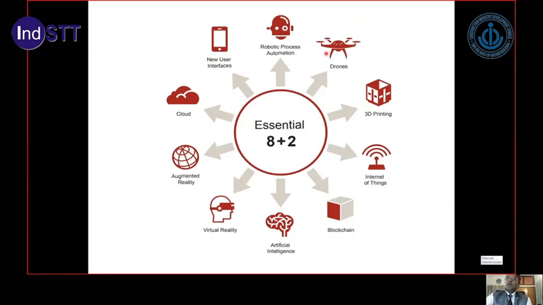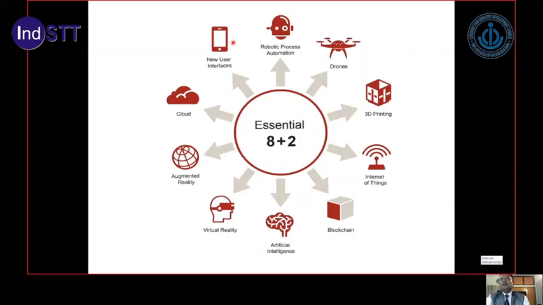So you can see drone on the top here, that you are collecting the data from the drone, and this data you are using maybe for 3D printing, or integrating with the Internet of Things, or maybe the blockchain analysis, or maybe artificial intelligence software is used to predict the forecast, or to assess the trend of the data, or maybe the virtual reality environment or augmented reality, or maybe stored on the cloud, and maybe cloud-based applications could be developed, or maybe robotic process automation.